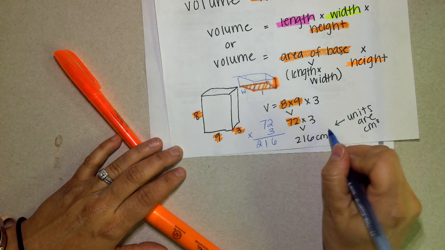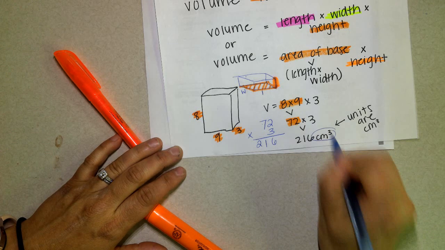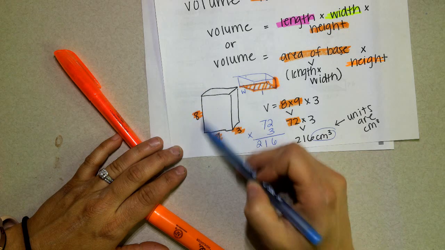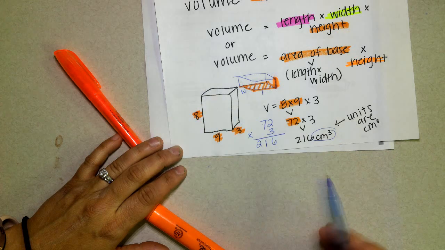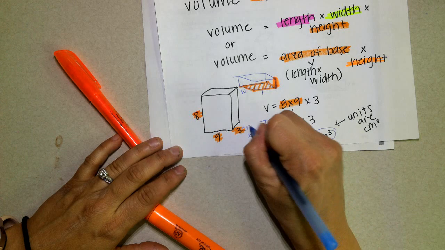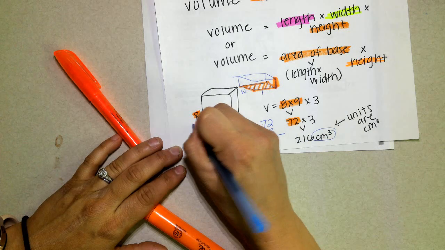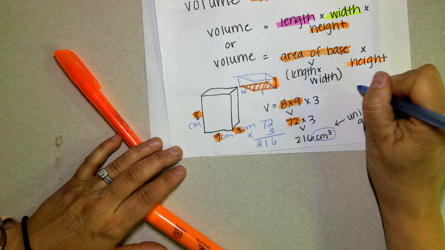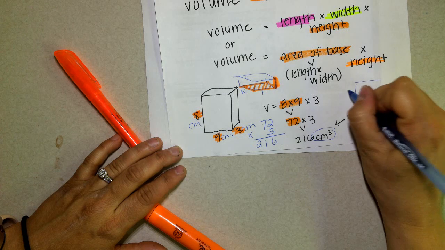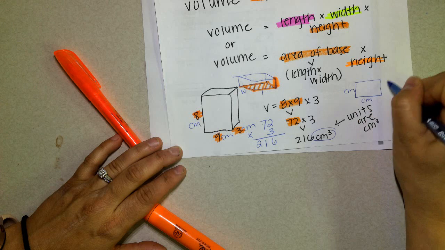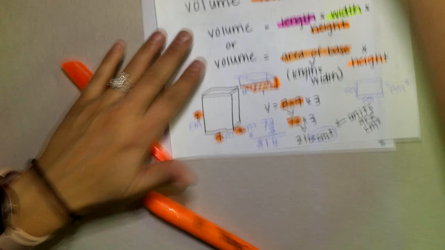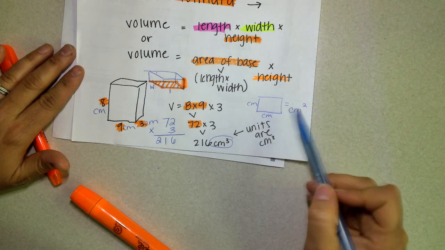And it's in cubic centimeters, because here we are just looking at a cube in itself. So these would all be in centimeters. Whereas with area, when we had length times width, if this was in centimeters and this was in centimeters, our area was centimeters squared, because we were only multiplying two numbers.